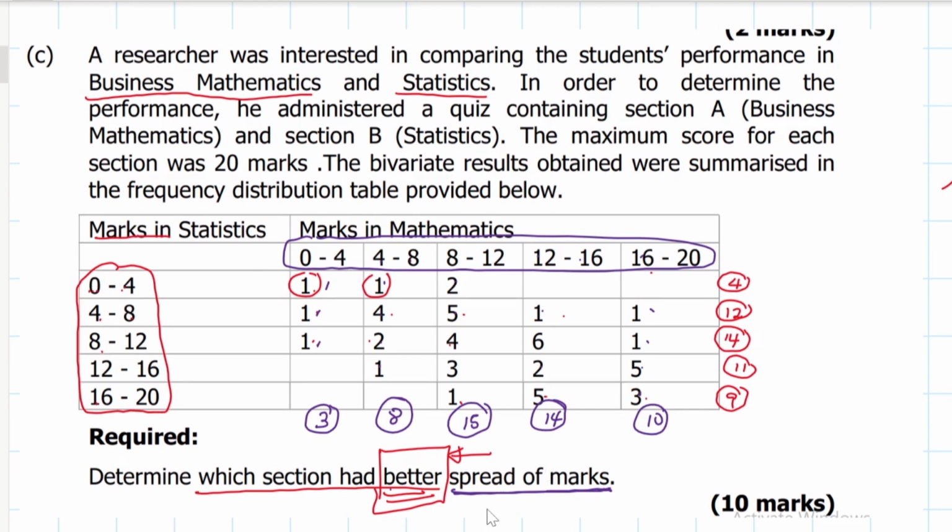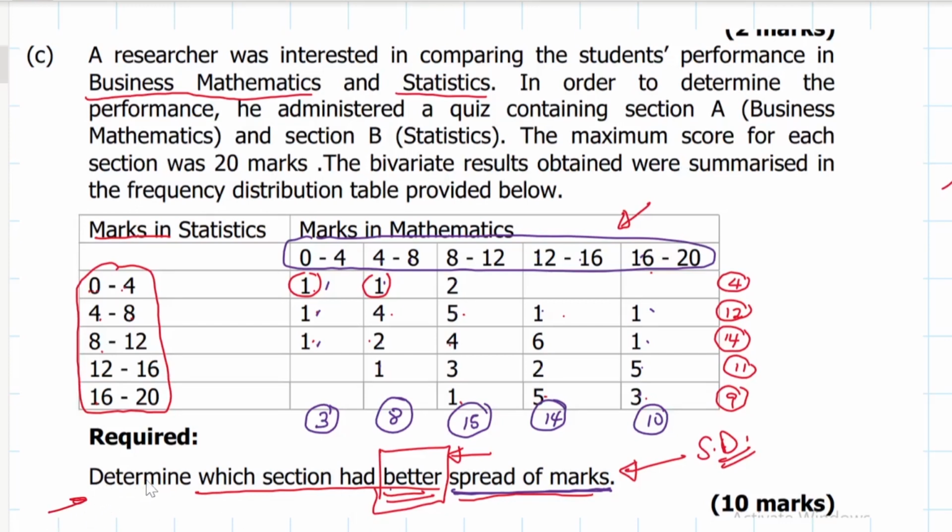But in other words, what I'm trying to show you here is that standard deviation is the thing here. So we are going to find the standard deviation to determine how marks are spread in statistics. Then we are going to find the standard deviation to determine how the marks are spread in mathematics. We are going to compare those two standard deviations, and then we shall be able to conclude according to the question here.